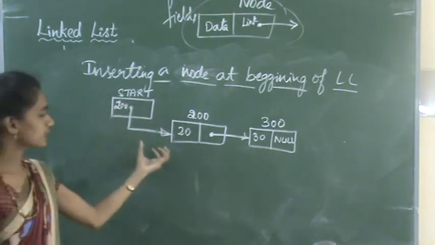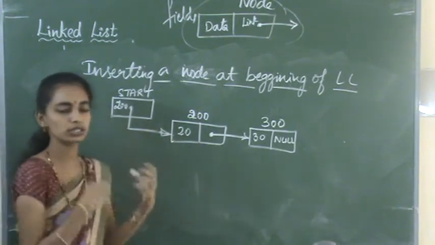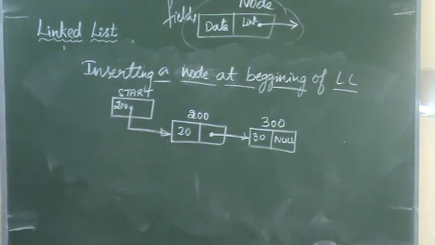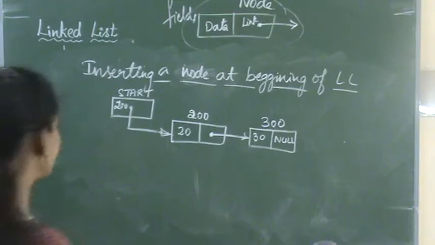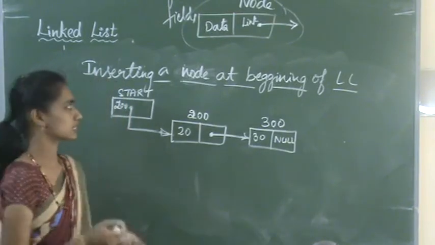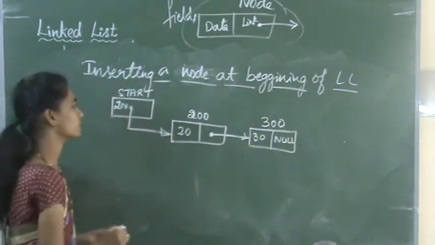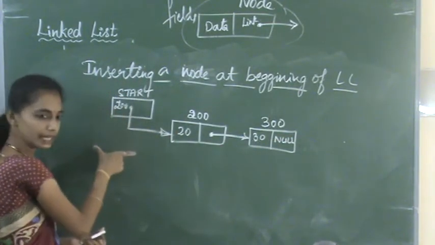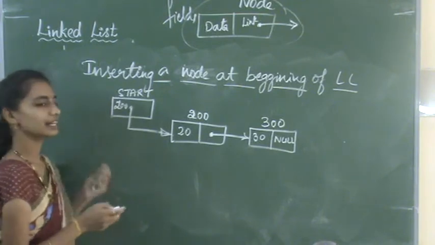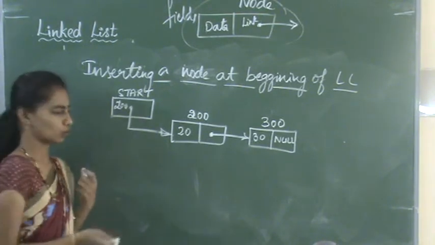For this I have to insert one more node into this linked list. I told I am inserting the node at the beginning of the linked list, which means I have to insert here, right? So for that first I need to create one empty node, right?